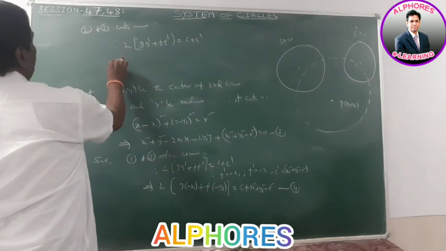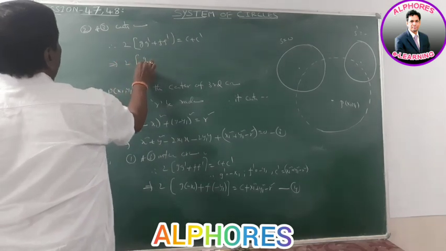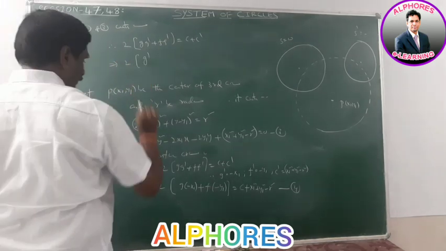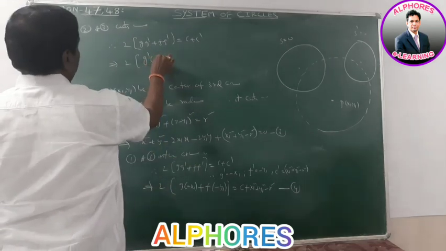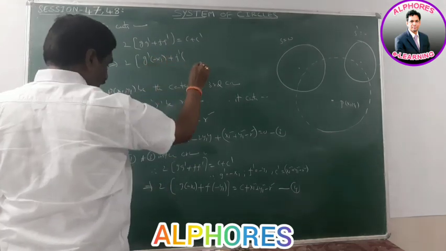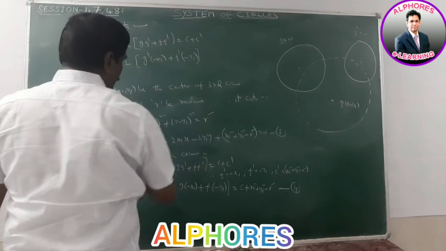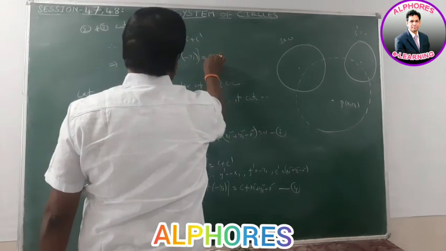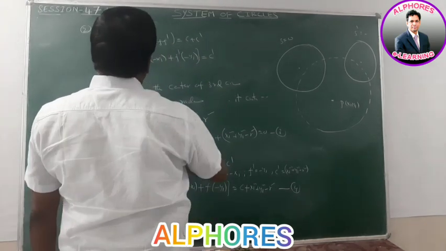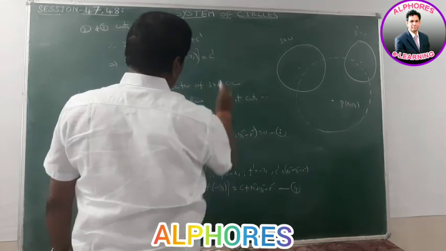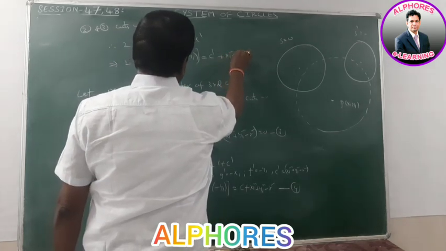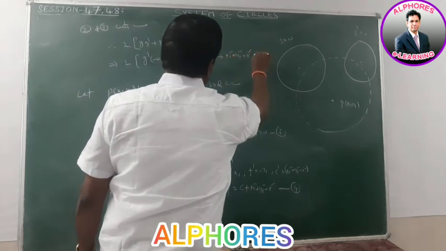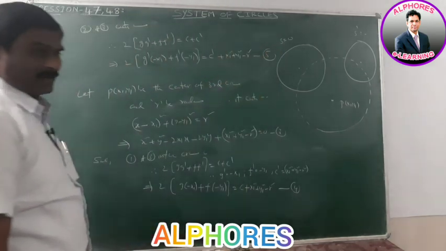So that implies 2(g'(−x1) + f'(−y1)) = c' + x1² + y1² − r². It is equation number 5.